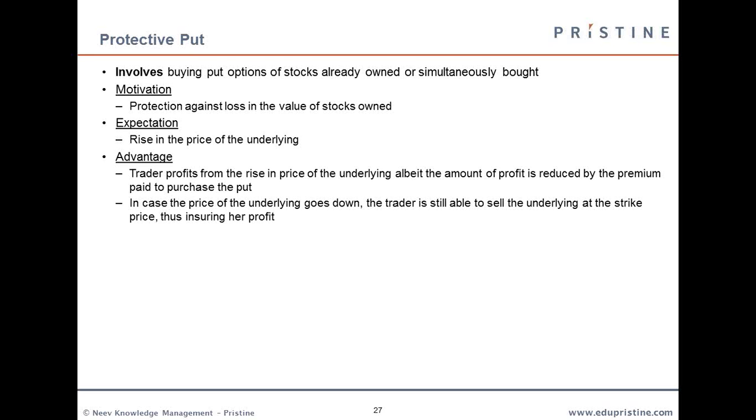We try to limit the losses by sacrificing gains at the other side. Here also, what we expect is a rise in the price of the underlying. If the stock price falls, we are still able to sell at the strike price, and thus we are protecting our position.